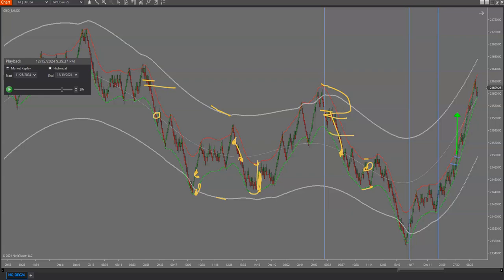At least lock in 1 to 1 or 2 to 1, and it either works or it doesn't. If it comes up and ticks you out, oh well, I still made 2 to 1 on my remainders. If your 2 to 1 was here and somehow it missed you and then it goes the other side of the bands, then when you get the hook, you take out the rest.